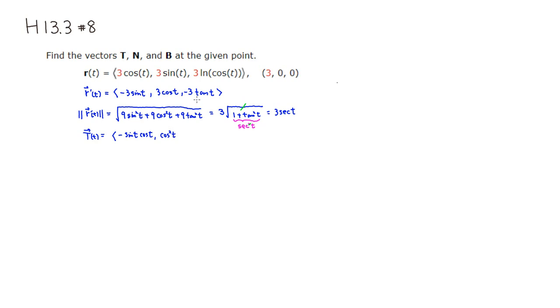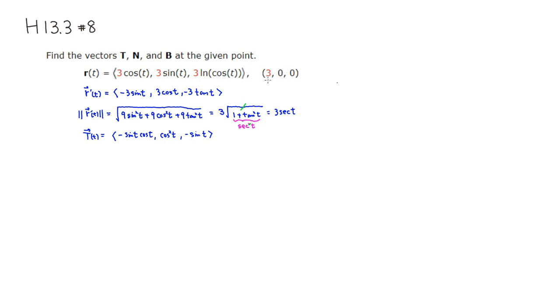Then you have tangent multiplied by cosine, so that cancels out, so it's negative sine of t. So this is the tangent vector at t.